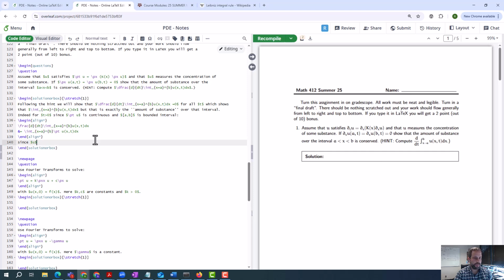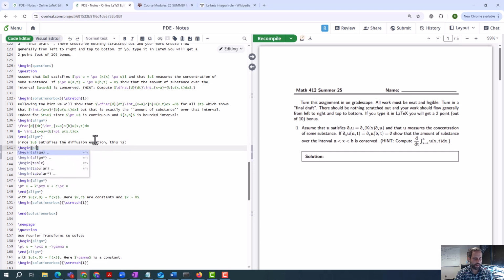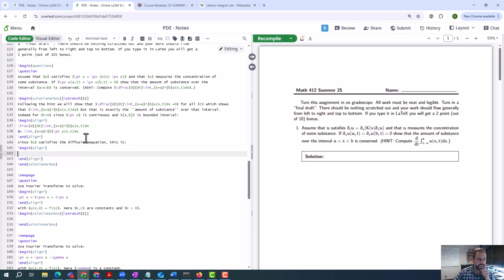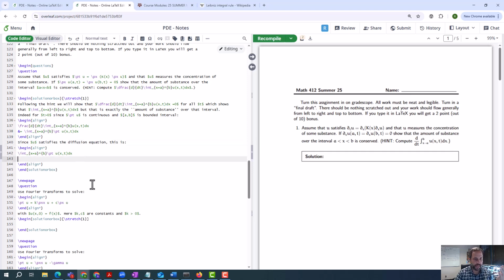Since u satisfies the diffusion equation, this is equal to this integral.